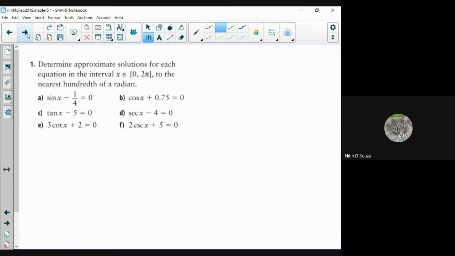So if I do A, I could say that sine x minus 1 over 4 equals 0. Sine x equals 1 over 4. Now I know that x is going to be pretty close to pi over 12, because remember, pi over 12 is like 0.26 for sine.